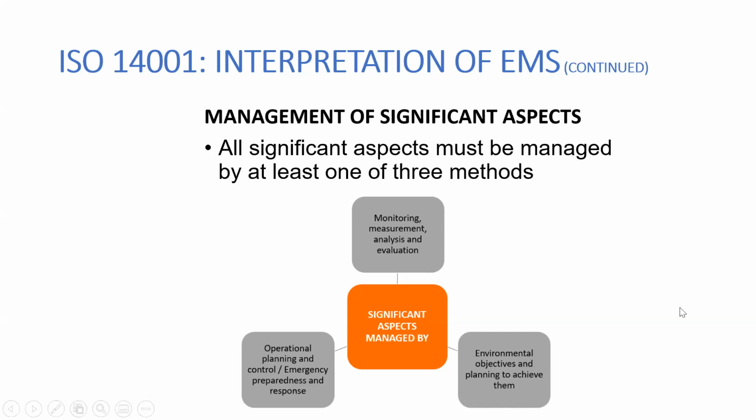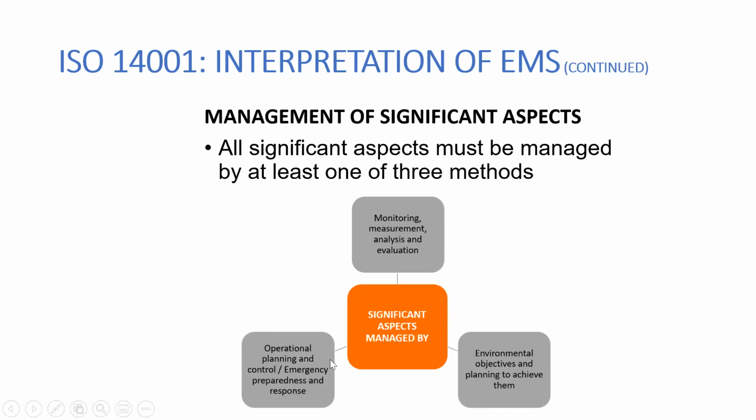And if the impact is too much and you cannot do it right now, then you will prepare the objectives. If it is already controlled, you will work on monitoring and measurement, because if it is not monitored, it can go out of control, right?